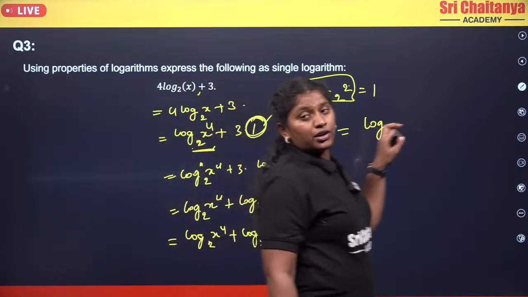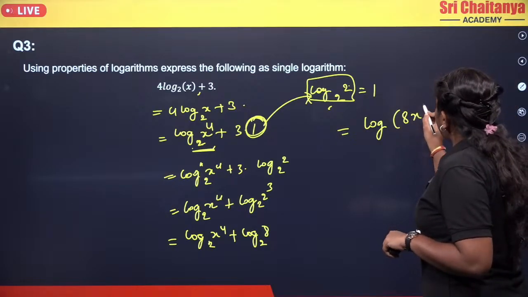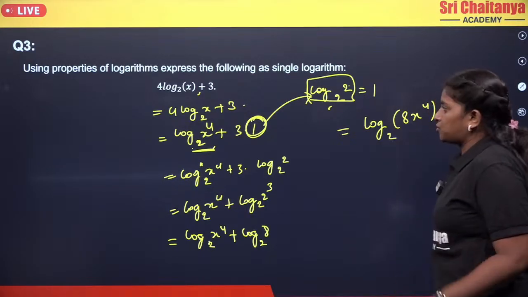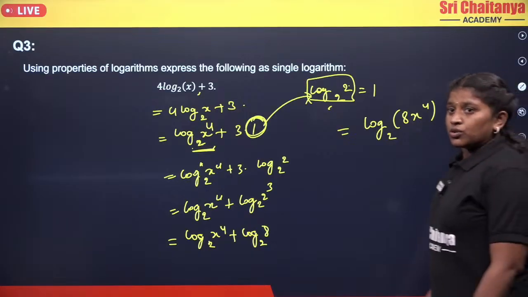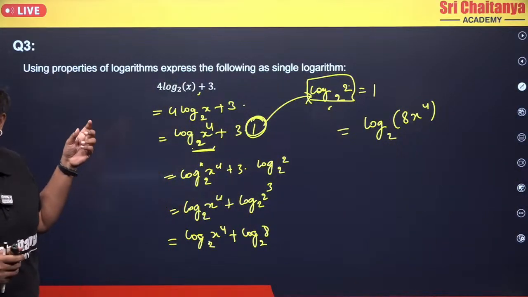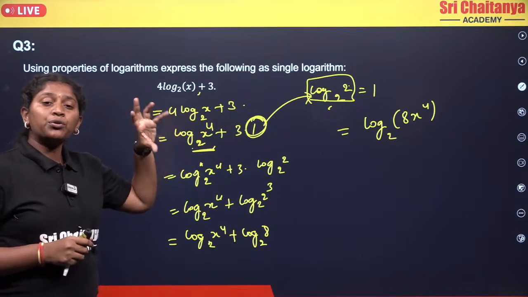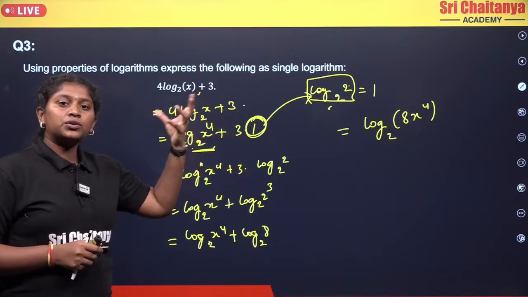So now coming to here, we can write it as log of 8x to the power 4 to the base 2. Understood? So whatever the term you will not be having the logarithm, you have to just convert that into the logarithm.